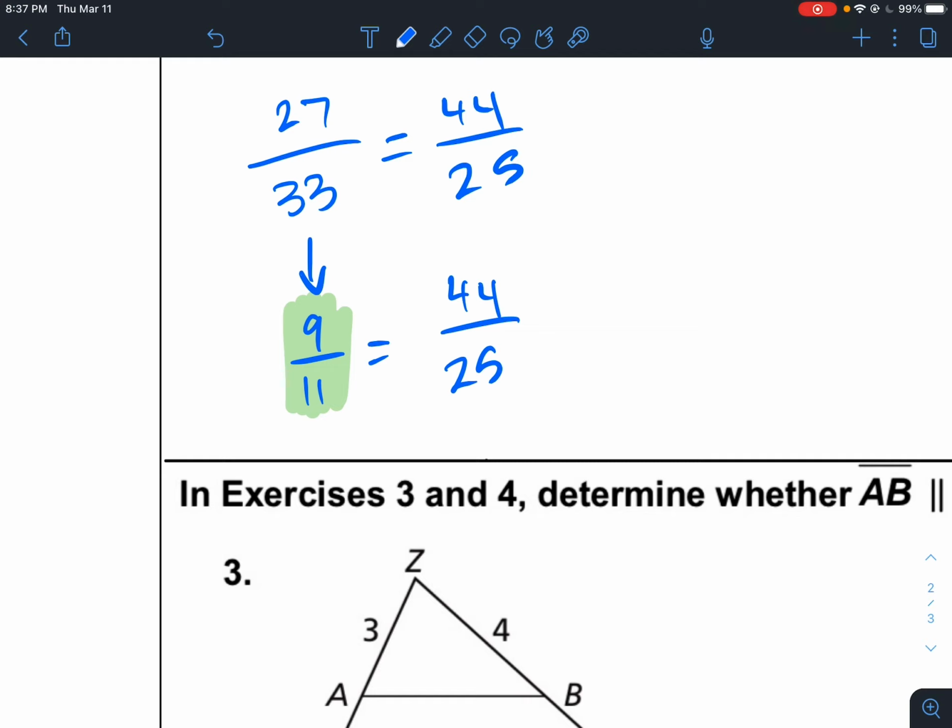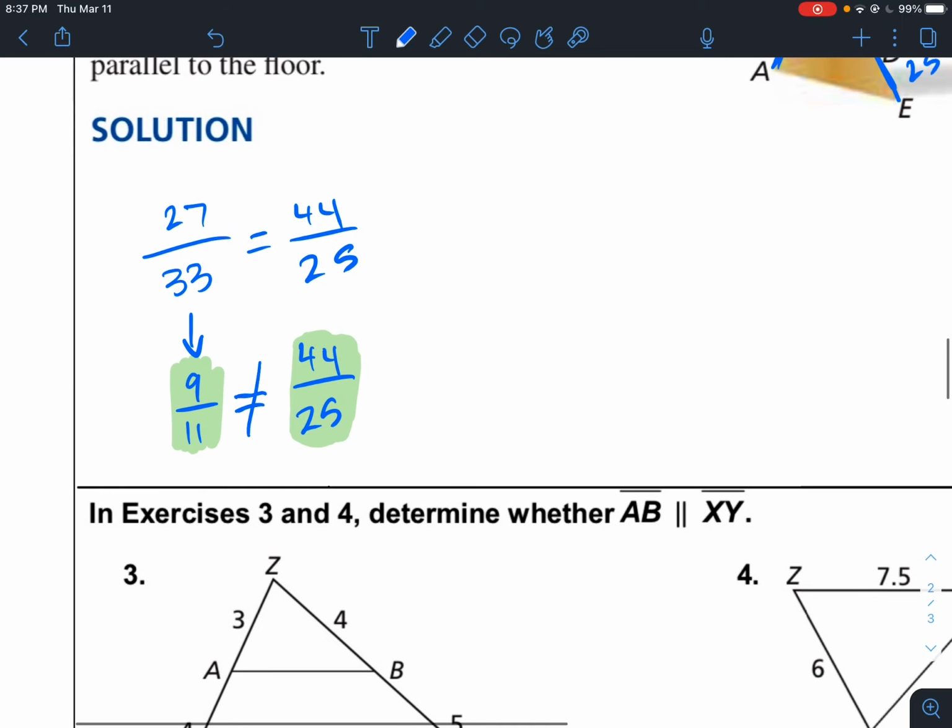And I know that it's less than 1 because it's 9 divided by 11. It's a smaller number divided by a larger number, so it's less than 1. But this ratio right here, it's a larger number, 44, divided by a smaller number, 25. So this ratio is greater than 1. So these are not equal statements. So they are not proportional.